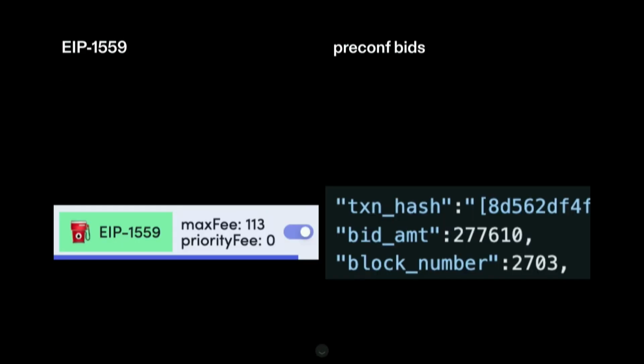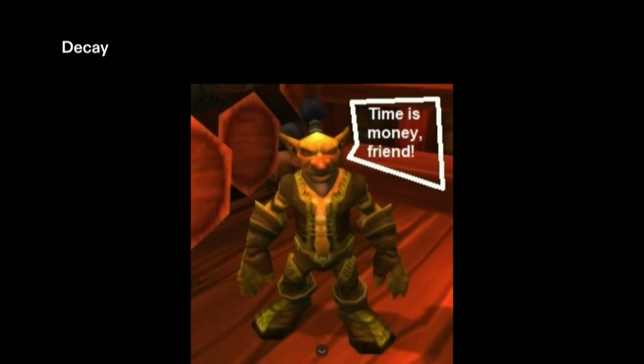EIP 1559 has these two fields, max fee and priority fee, and none of them are concerned with time or pre-confirmations. What we now add over MEV commit is a third field about your pre-confirmation bid. And as you can see, this is expressed through a transaction hash reference, a bid amount in Wei, so in gas and ETH, and then a target block number that you want this pre-confirmation to happen against. And once you issue this to the network, in real time, providers are able to give you credible commitments that you can use to understand your execution risk and take action.